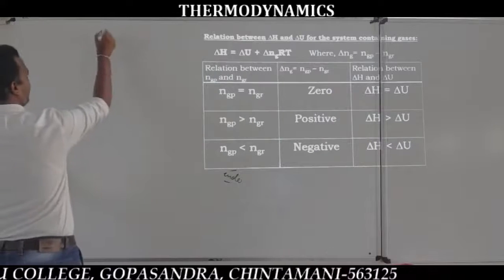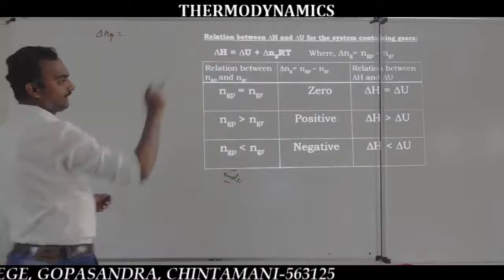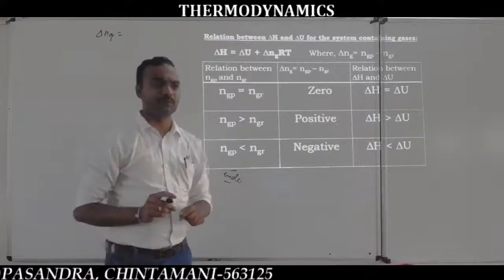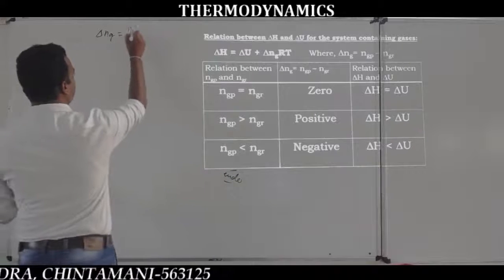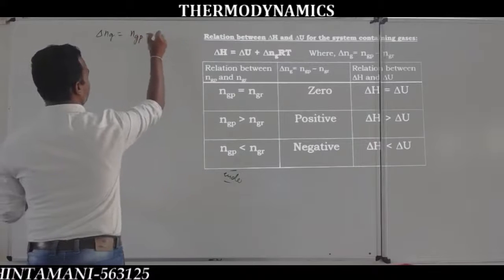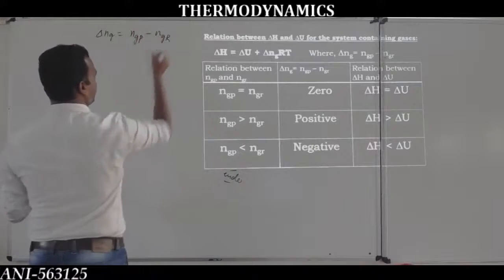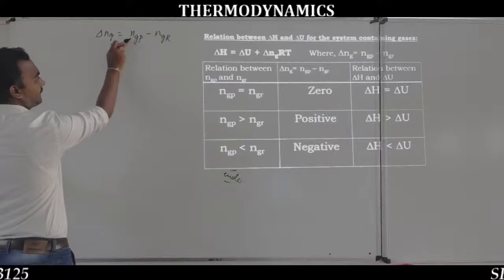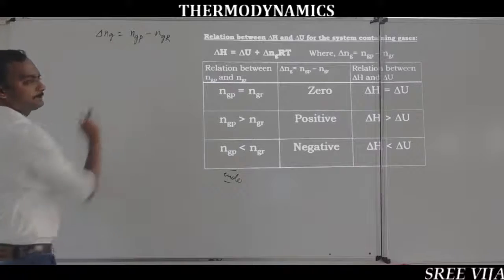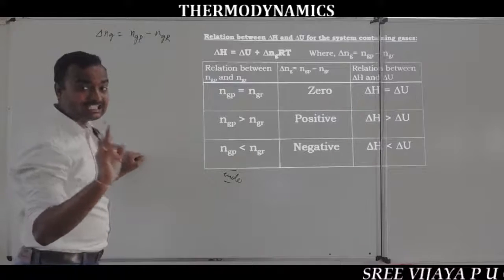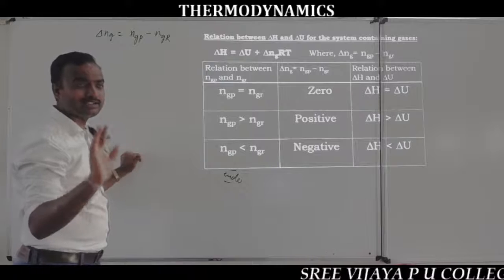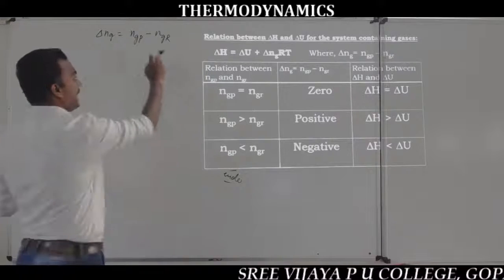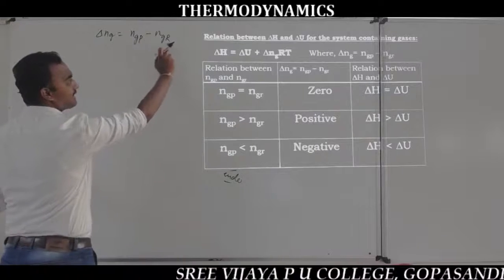What is delta Ng? It is given in the slide: number of moles of gaseous products minus number of moles of gaseous reactants, NGP minus NGR. NGP is the number of moles of gaseous products. Remember, gaseous products only. We are not going to consider any solids or liquids, and number of moles of gaseous reactants.